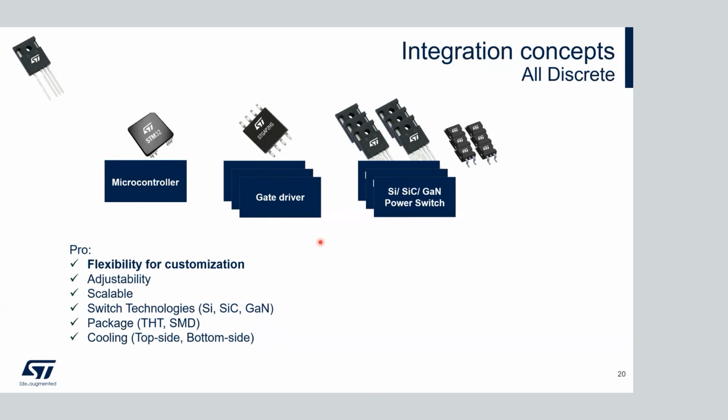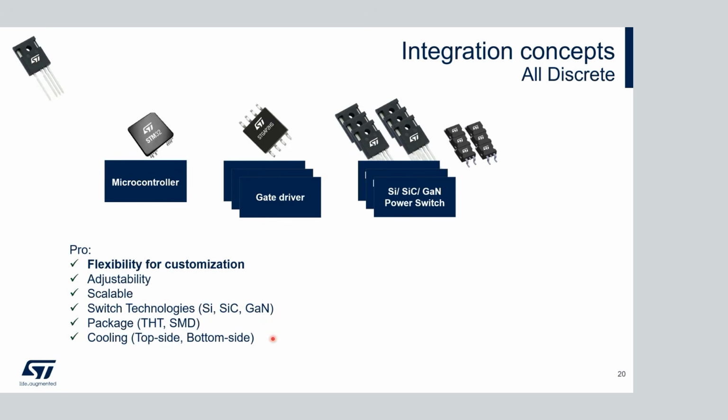It is scalable because you can scale across the same package with smaller and higher currents, and you can choose even between different technologies. For instance, you can choose IGBT or silicon MOSFET, or even you can go to silicon carbide MOSFET, right? So depending on your exact need, you can very precisely optimize the specific point of your application needs.